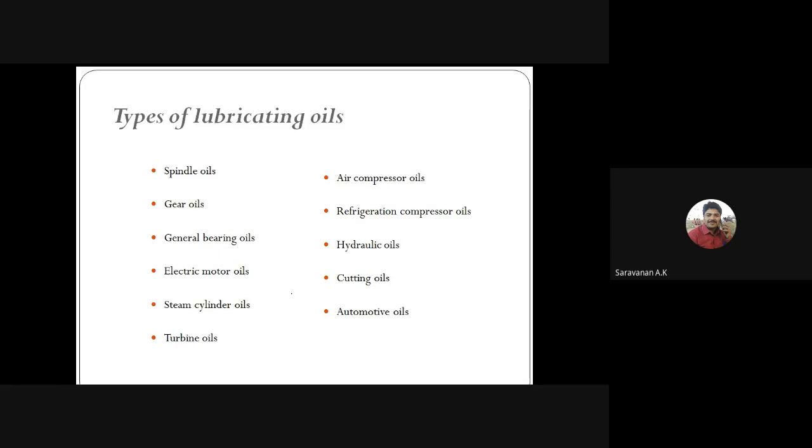So we have plenty of classifications. Among them, I will give about 10 types of lubricating oils.